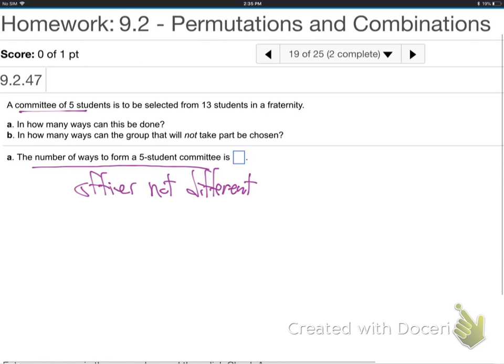It's not saying we're selecting a president, a vice president, a secretary, and a whatever. They're just saying 5 people. So it doesn't matter whether you pick Joe, Mary, Susan or Susan, Mary, Joe, right? Who cares what order? Order does not matter. We're just picking 5. So am I going to do P or C?